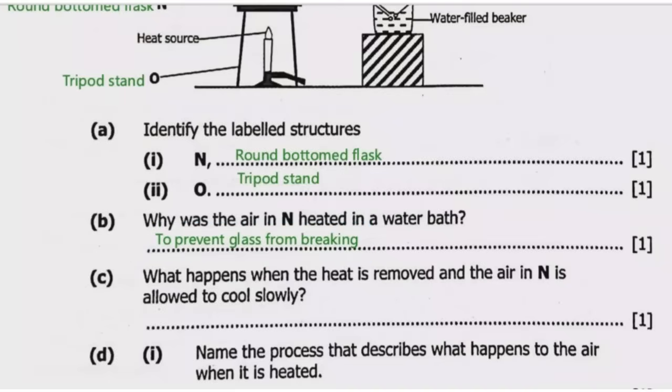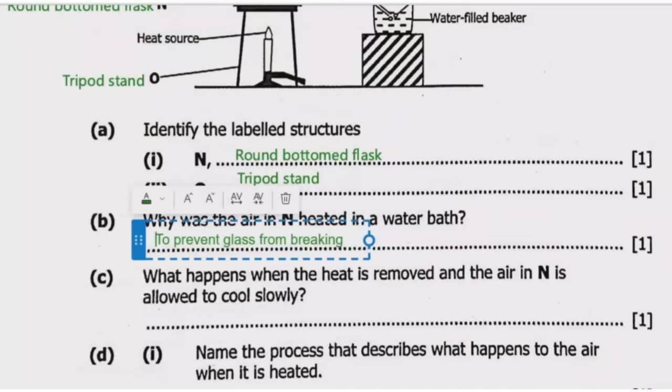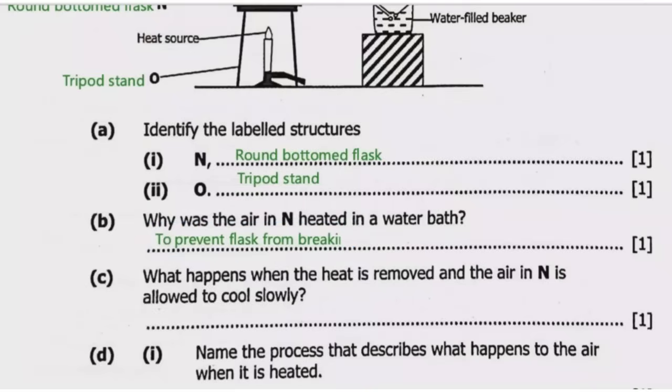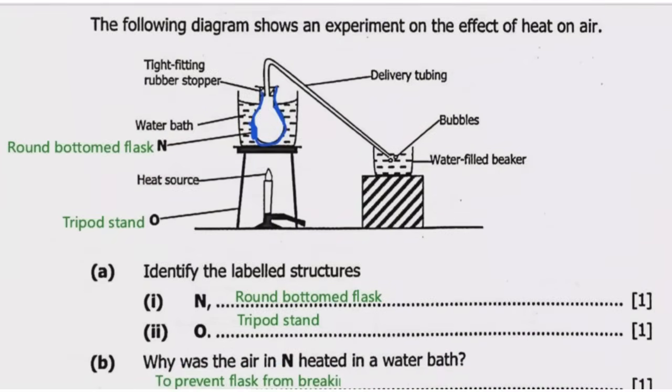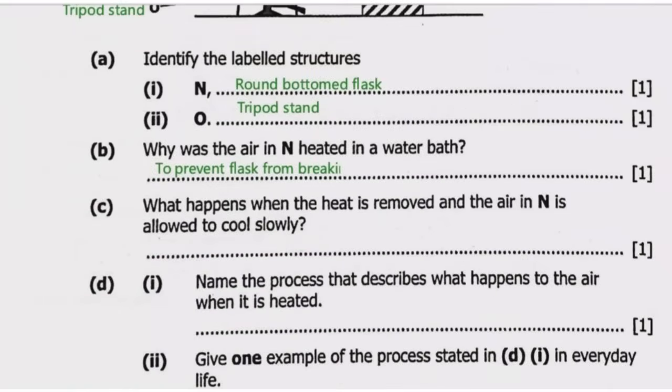So when I say glass, I can say to prevent flask from breaking. Let me say flask, not glass. To prevent the flask from breaking. Okay, that's why it was heated in the water bath, to prevent the flask from breaking.